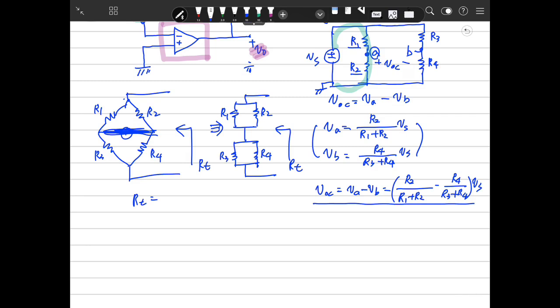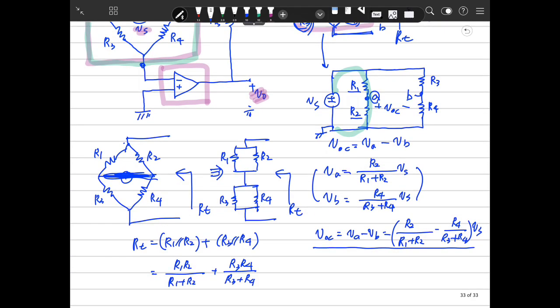That means RT is R1 and R2 in parallel, plus R3 and R4 in parallel. So we can write R1 R2 over R1 plus R2, plus R3 R4 over R3 plus R4.